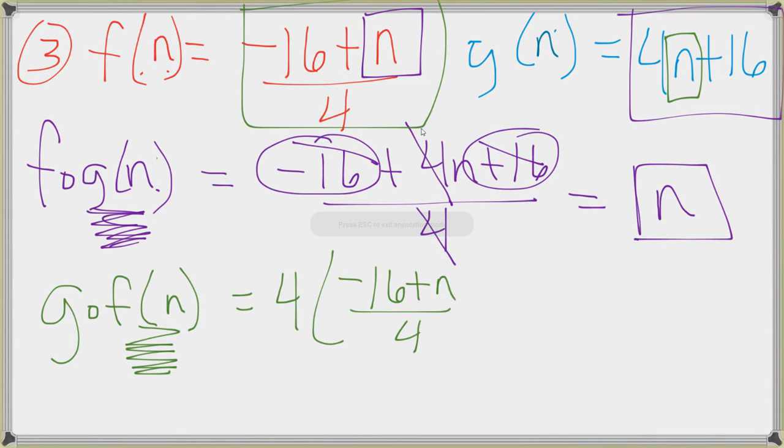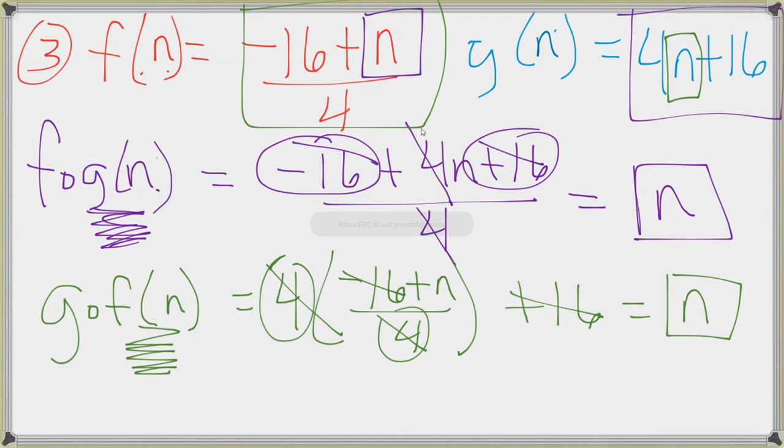So you have 4 times negative 16 plus n divided by 4, plus 16. When you look at that, you have a multiply by 4 and a divide by 4. If you multiply something by 4 and divide it by 4, they just cancel out. And then you're left with negative 16 plus n plus 16. What happens to negative 16, positive 16? They cancel. What's left? n.